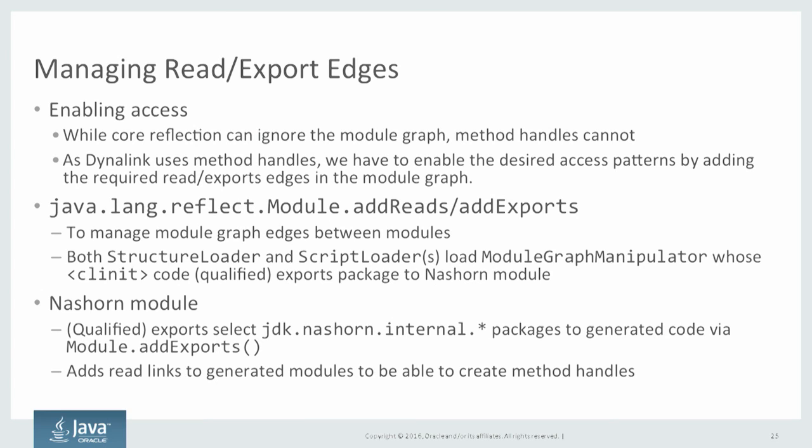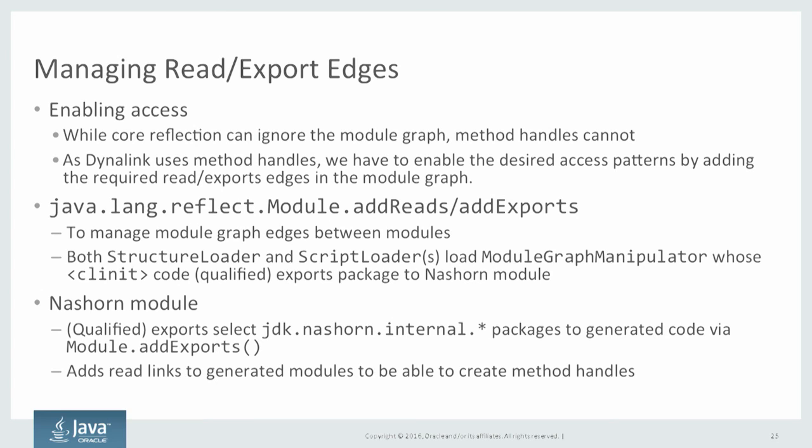Calling addReads, it's possible to let the receiver module read the argument module so that the receiver module can then access the public package members of the argument module, the exported members. Calling addExports, the receiver module exports an argument package that's given as a string to another argument that's a module, so that the argument module can then access the package contents.